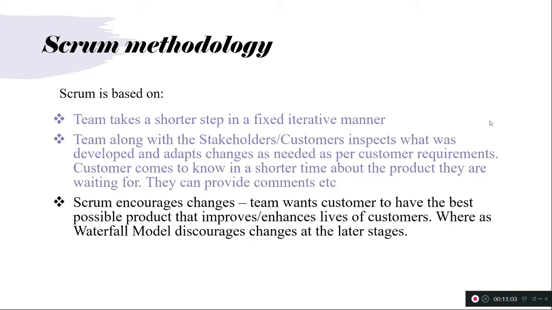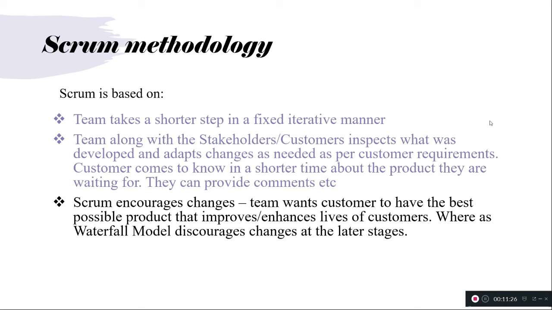Scrum encourages changes. The team wants the customer to have the best possible product that improves and enhances the lives of customers. For example, we are working in an environment where everyone is using mobile, laptops, and desktops.